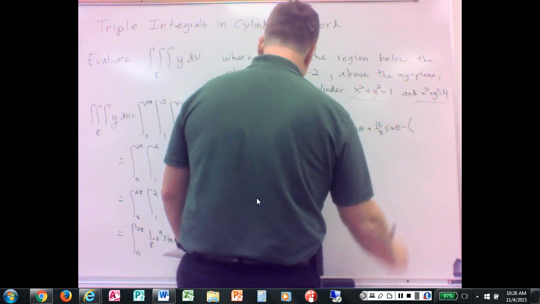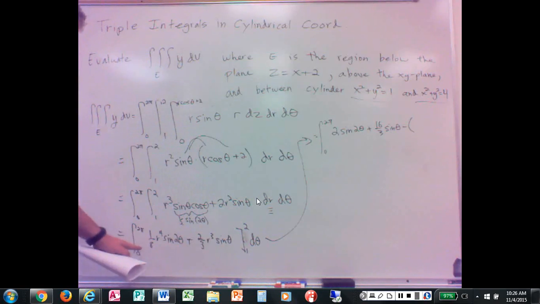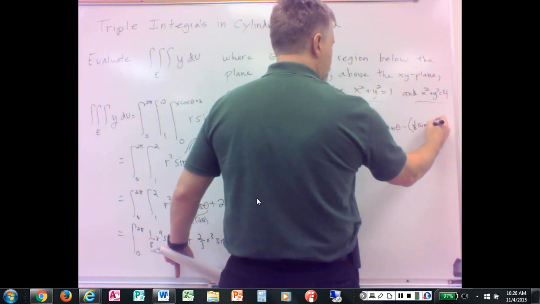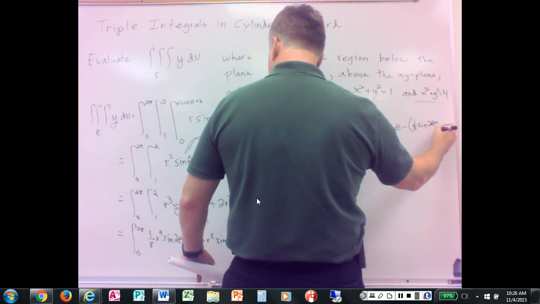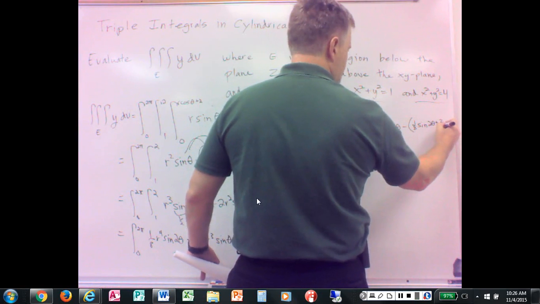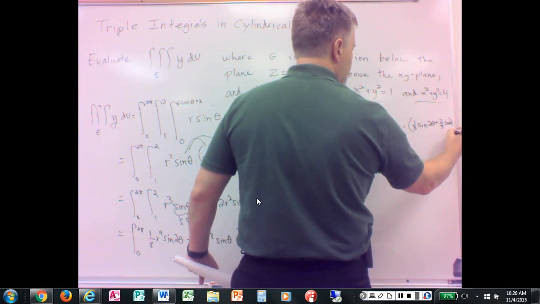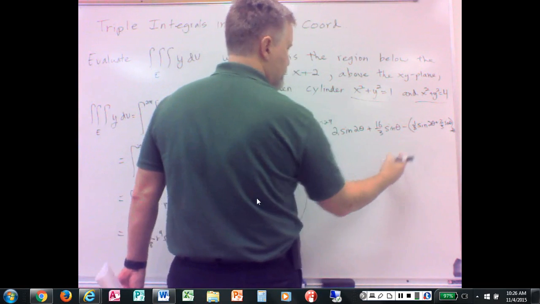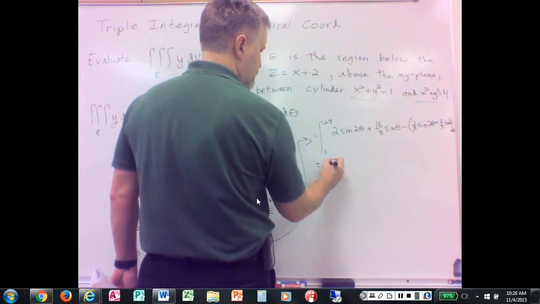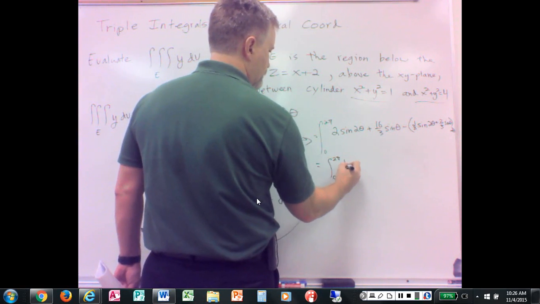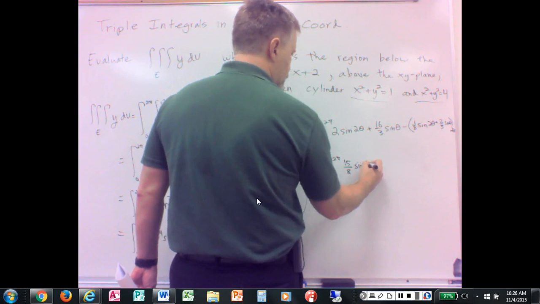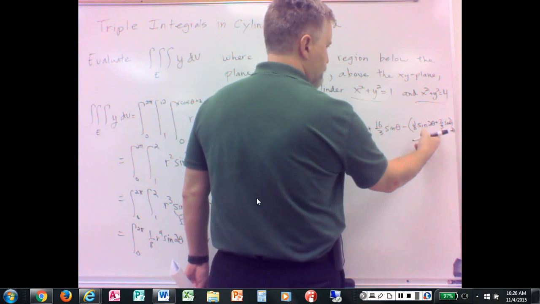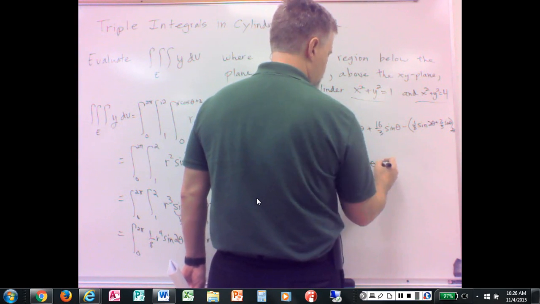Minus, we do have to work with the lower limit this time, 1/8 sine 2 theta plus 2/3 sine theta, or minus. So we got 2 minus 1/8, so that's 15/8 sine of 2 theta. And then the sines would be 16/3 minus 2/3, so that'd be 14/3.